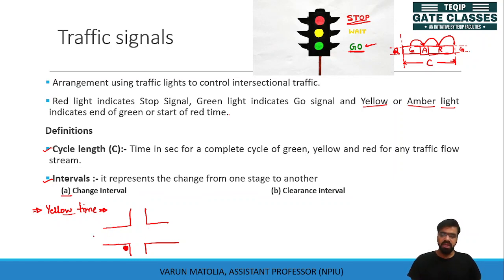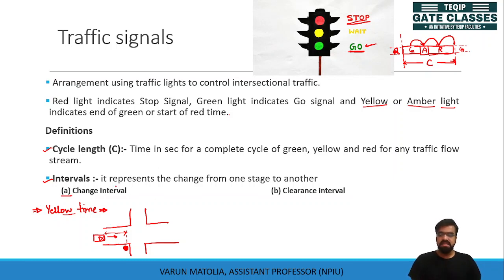Now you are coming from this direction. This signal should be visible to you from a distance, so that if it is yellow, you are able to stop your vehicle before entering into the intersection. If it is yellow, you should not enter the intersection.